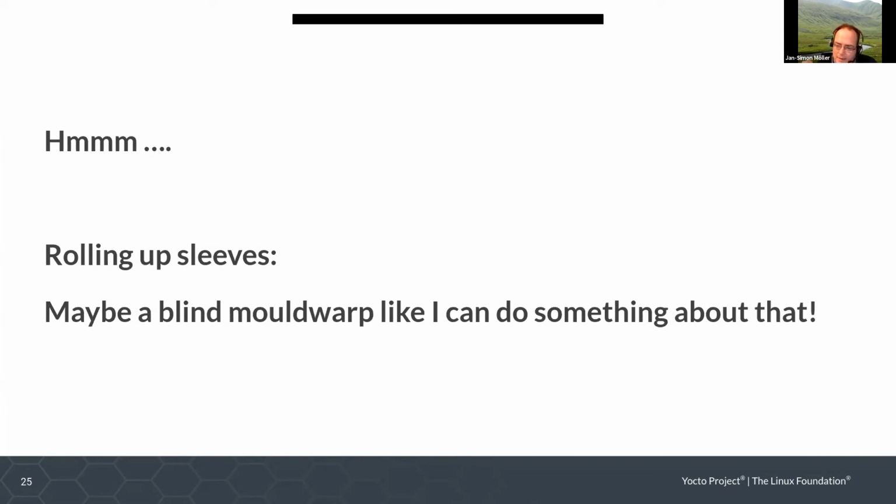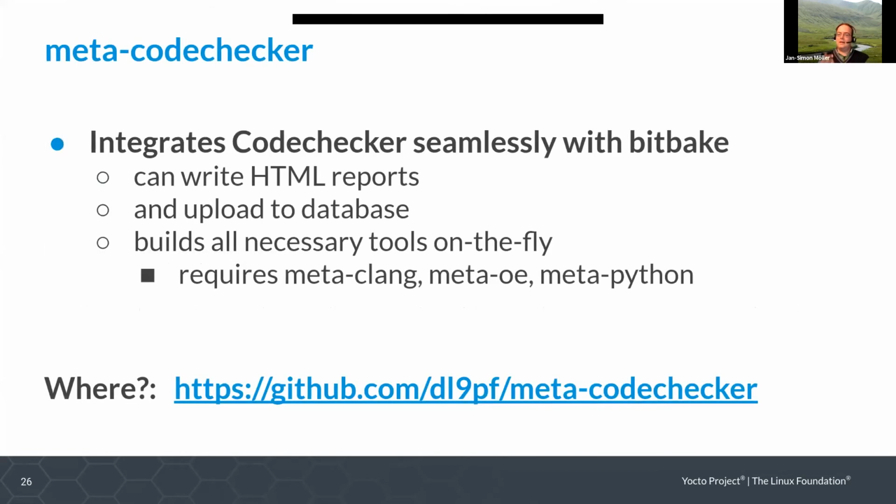So, okay, even bitbake wrapping can do something. I came up with meta-codechecker. We can write out the HTML reports. We can upload to the database, and all tools are built on the fly.